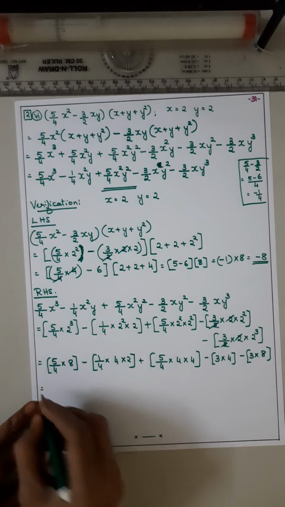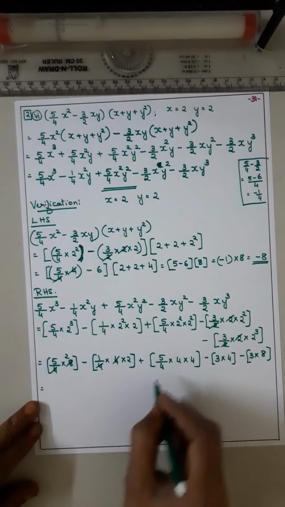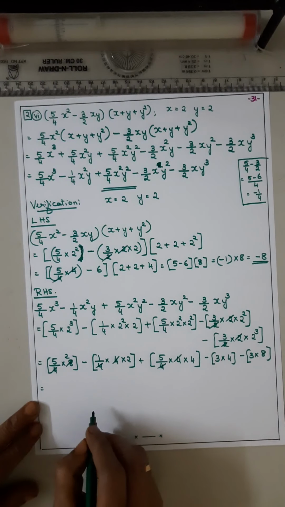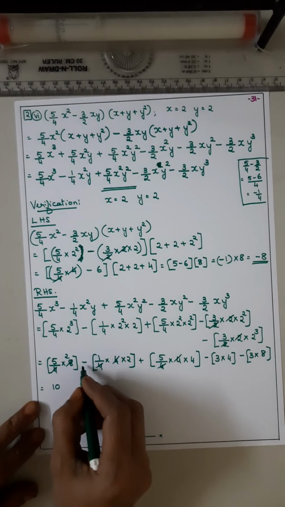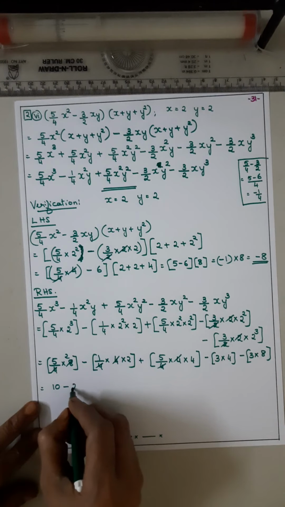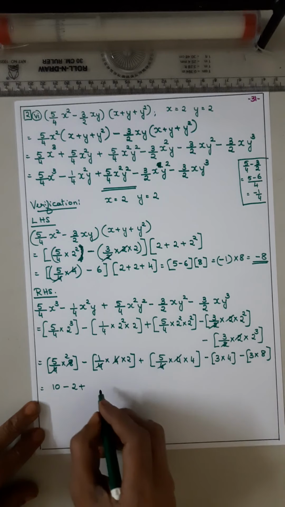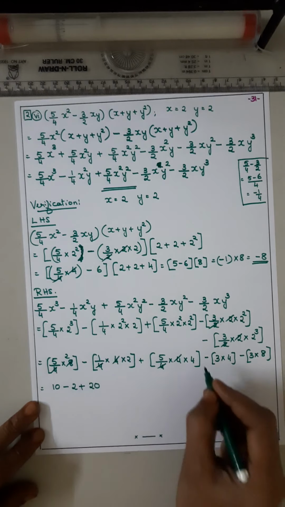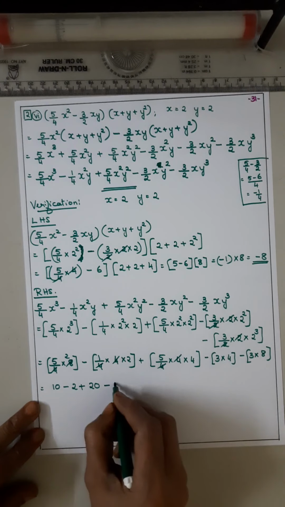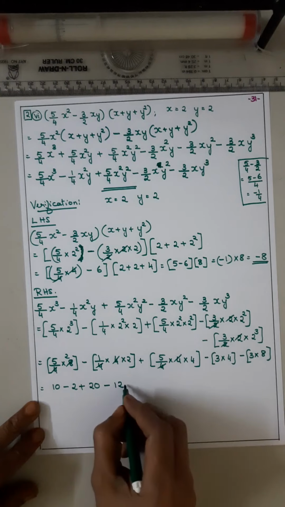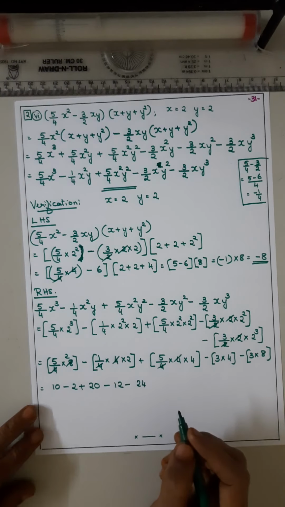Okay. Now 4 ones are 4, 4 twos are 8, 4 gets cancelled, 4 gets cancelled. Now 5 twos are 10. Now minus 2, here it is plus 5 fours are 20. Now here minus 3 fours are 12, minus 8 threes are 24.